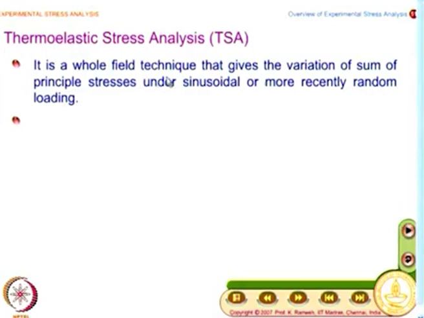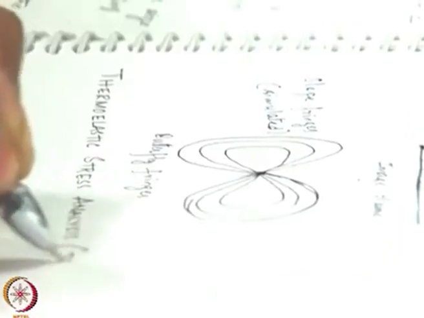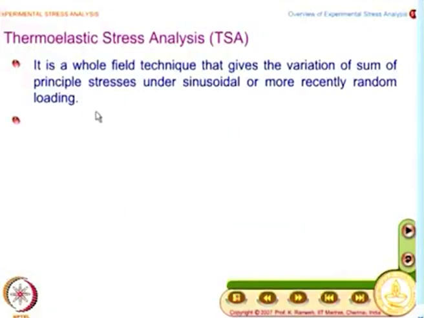It is a whole field technique and it gives the variation of the sum of principal stresses under sinusoidal or more recently random loading. Because if you look at the history, initially it was developed for sinusoidal loading. Once the technique has matured, people have found methodology to extract data even for random loading situations.